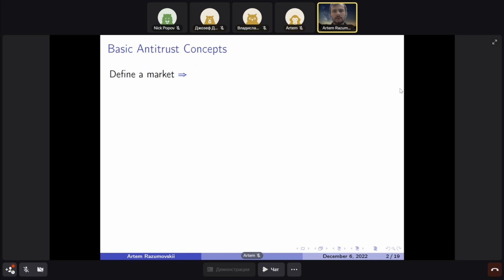I already mentioned several times that it's a bit different, and we saw something similar to some indexes. So what is the general idea of the antitrust concept? Firstly, we have a market, and then we want to measure the market power of a firm.